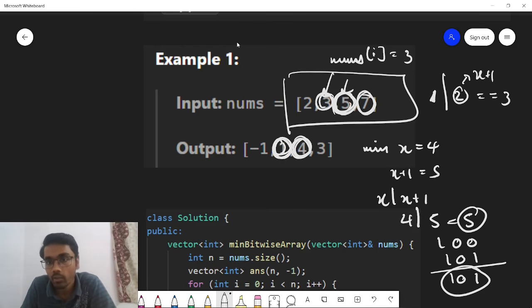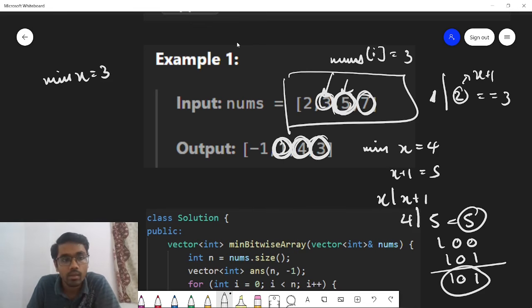Then we have the value 7. Now for this 7, the minimum x value is 3. So min x is 3. x + 1 will be 4. How can we represent 3 in binary terms? 1, 1. And how can we represent 4 in binary terms? 1, 0, 0. So we can write 0 here also.